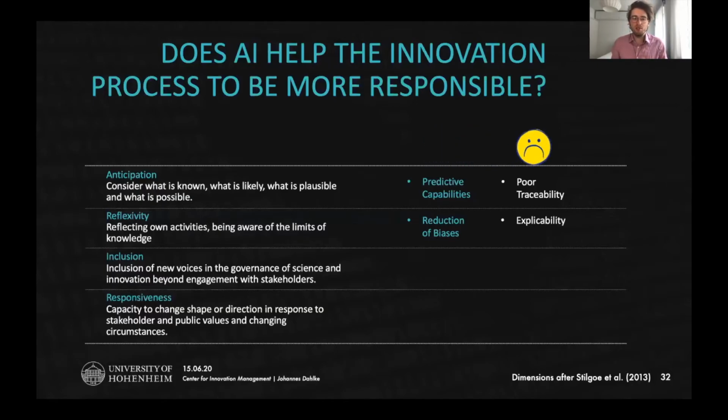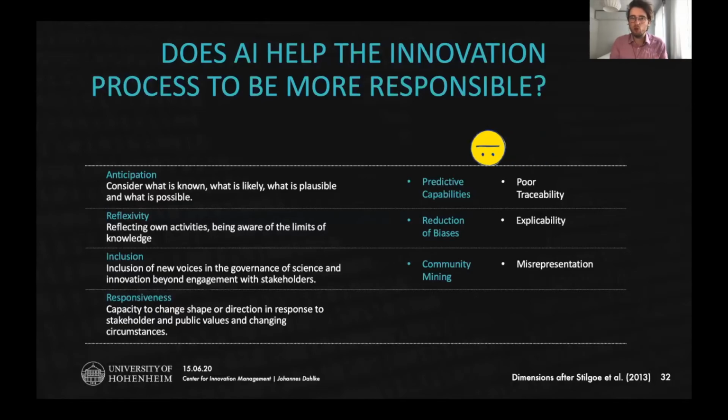The next dimension is inclusion. And this basically means including new voices in the governance of science and innovation beyond engagement with stakeholders. Basically meaning listening to the voices of all societal groups affected by an innovation. And here, AI may come in positively by letting us analyze the reactions and thoughts and needs of large communities based on big data, right?